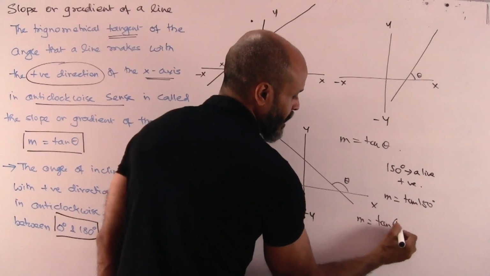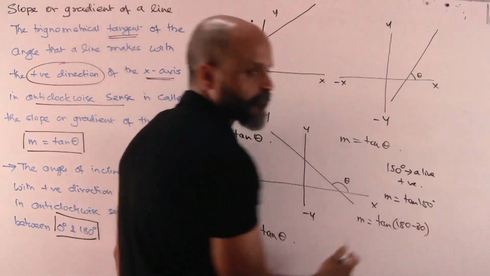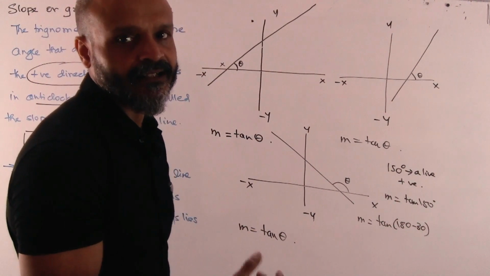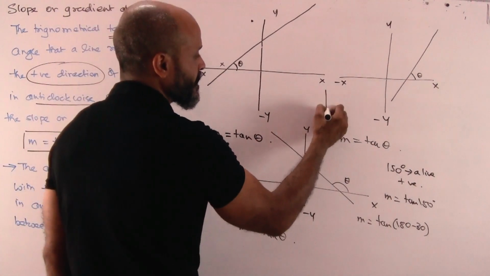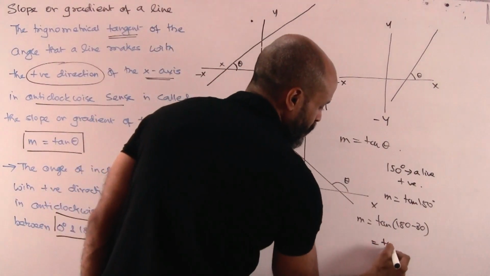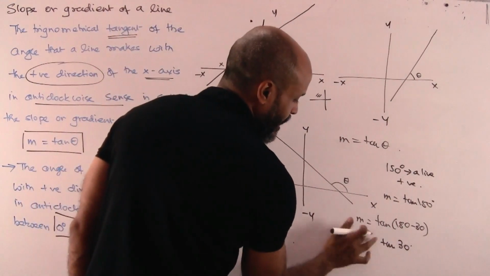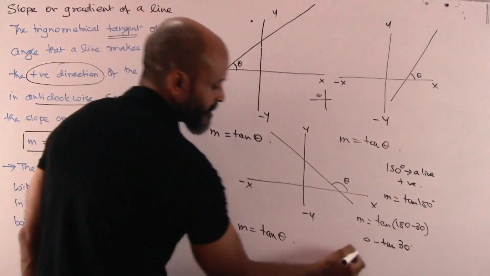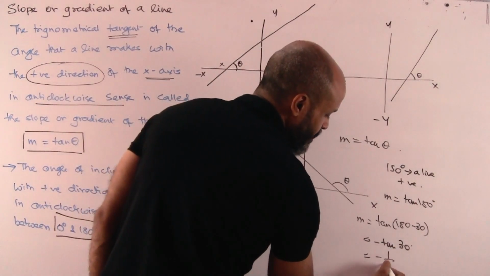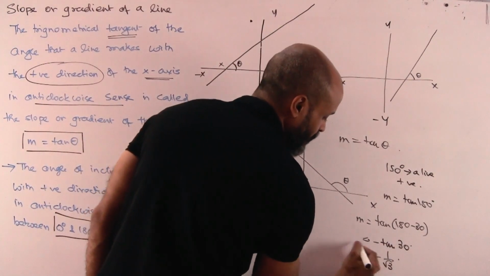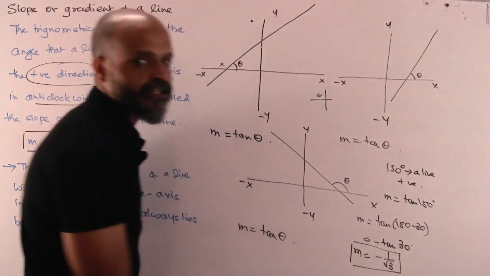So, tan(180 - 30), we know tan(180 - theta) is minus tan theta. So, tan 30, but since it is in the second quadrant, it will be negative. So, this will be minus tan 30. The value of tan 30 is 1 by root 3. So, slope of the line will be negative, that is minus 1 by root 3.